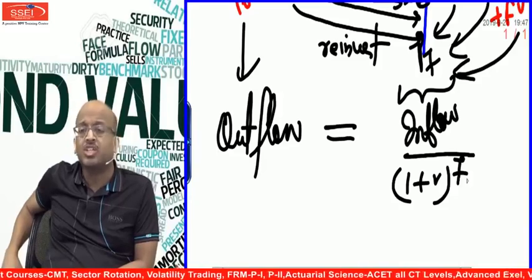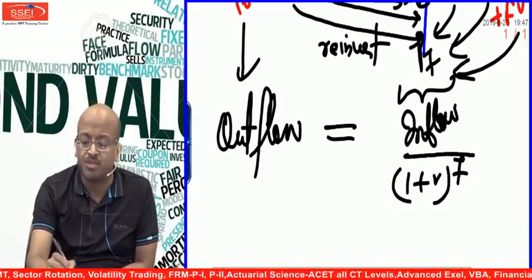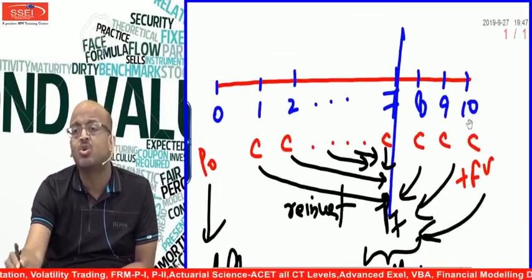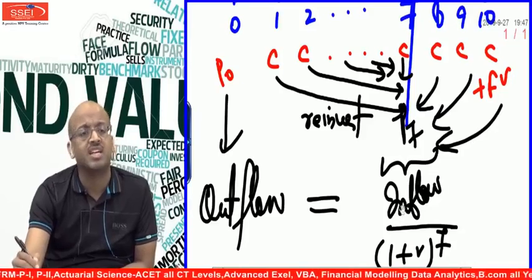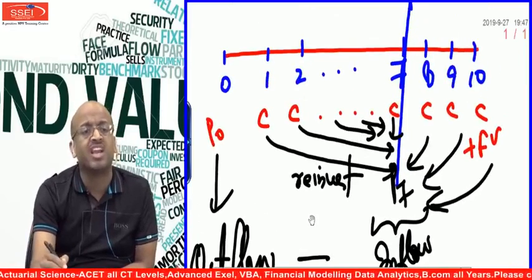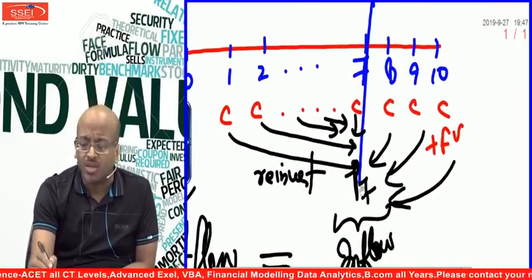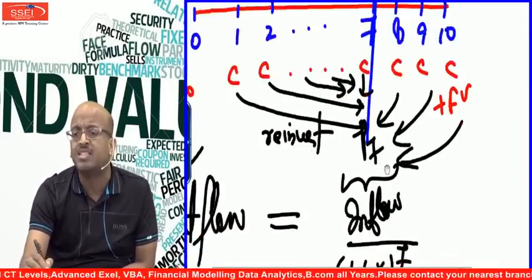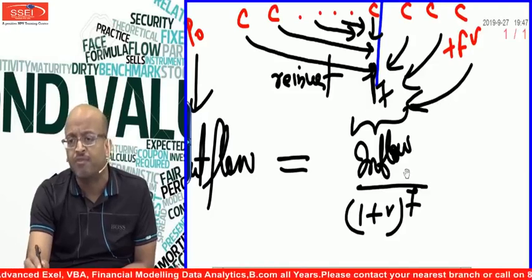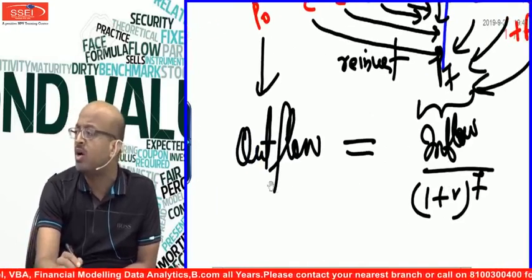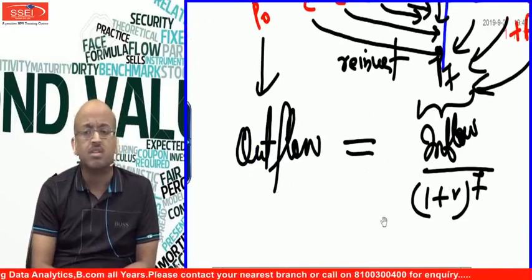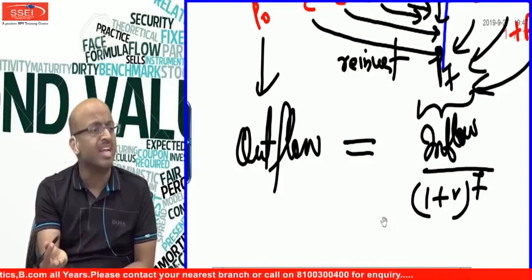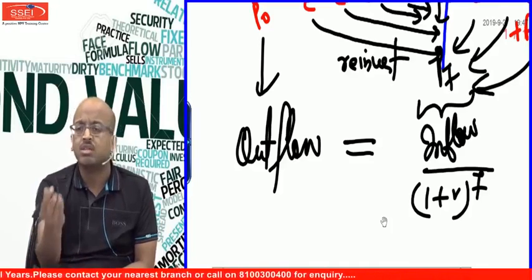The only dissatisfaction right now would be that I have not used numbers, which I will use. But the designing is so good. I've shown that we have purchased a 10-year bond, sold it after 7 years. What did we do of the cash flows? We reinvested it. What did you do? You sold the bond. Calculate the price. What did you get in the end? Inflow. What did you invest? Outflow. Outflow equal to inflow by (1 plus r) power 7. It's perfect. Correct? I'm going to take an example. Don't worry about it.